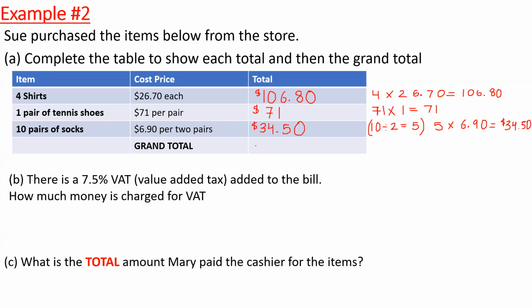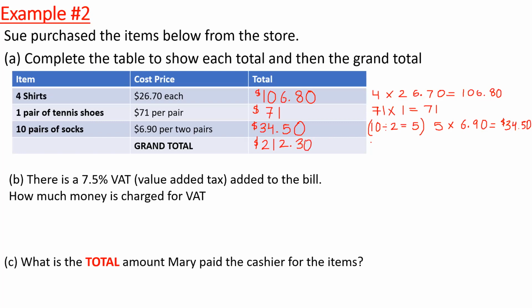And then when we add them all up together, we get $212 and 30 cents. 34.50, 71, and 106.80 makes 212 and 30 cents.